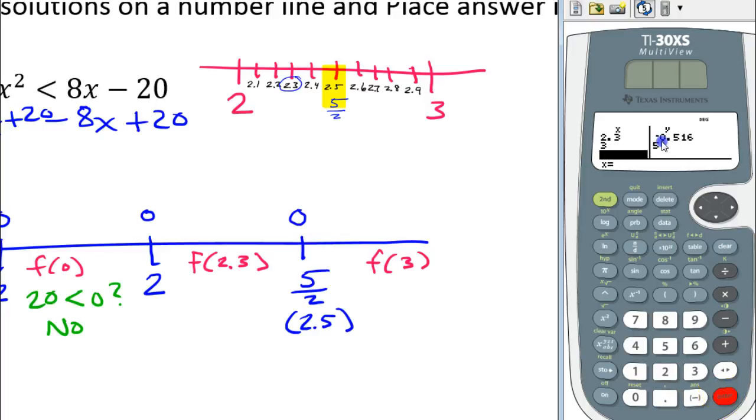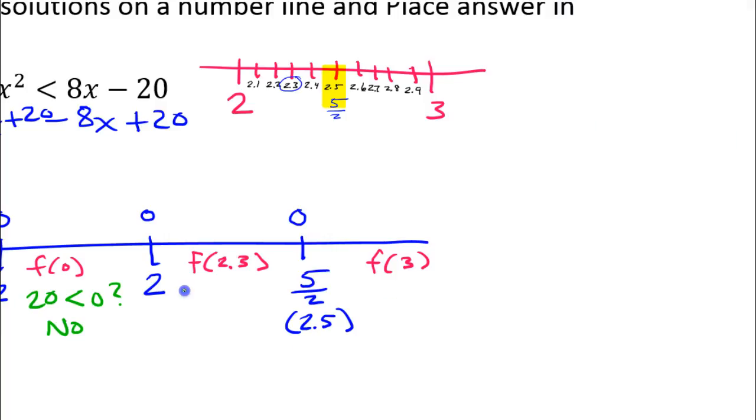Okay, so I'm getting -0.5 and 5. All right, so that's -0.5 and 5.